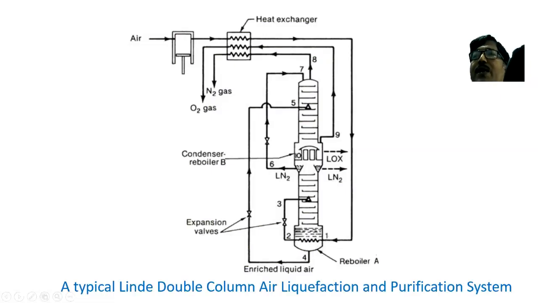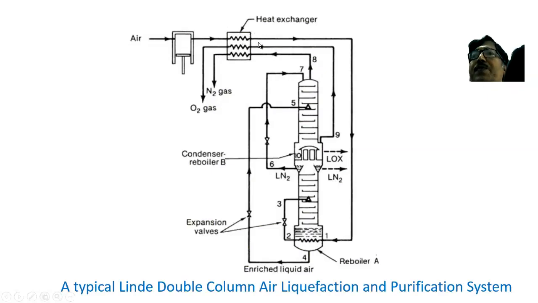Here, let me show you the flow, how air is liquefied, then fractionated. After compression of this air to very high pressure, say 20 megapascal or so, the temperature of air increases. So that temperature is lowered by extracting heat with this cold fluid stream in this heat exchanger.